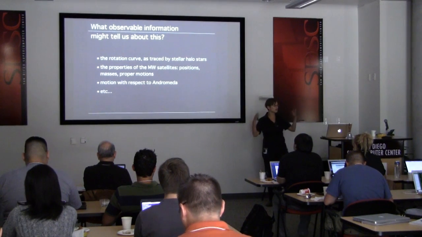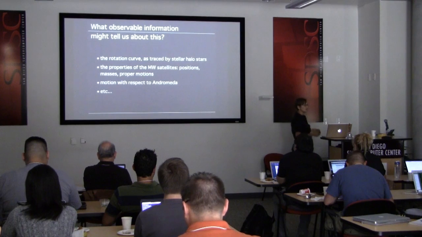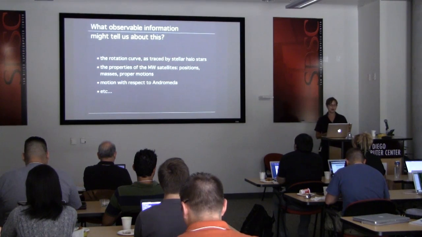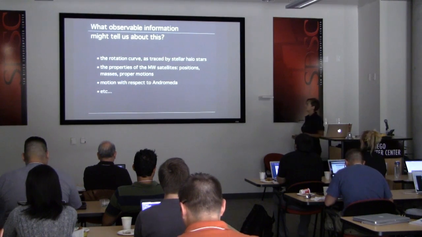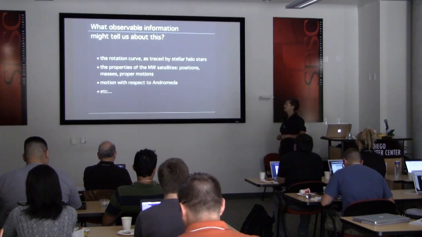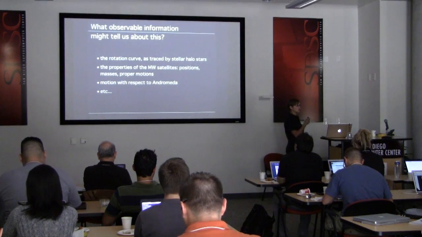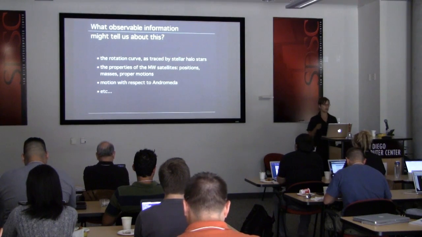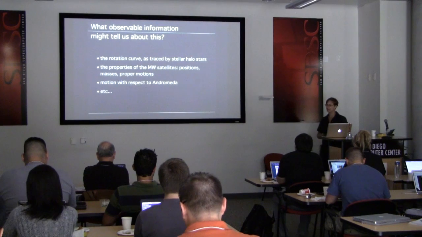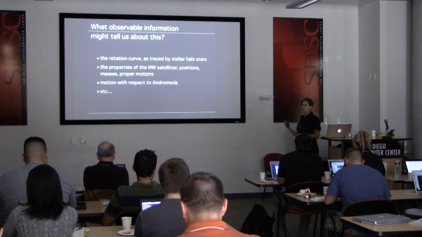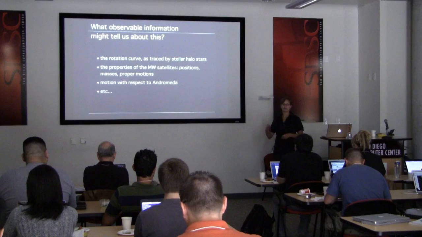We have measurements of stars in the stellar halo of the Milky Way. We know some of the properties of the Milky Way satellites, their positions, masses, and motions with respect to our own galaxy. We know about our motion with respect to Andromeda.